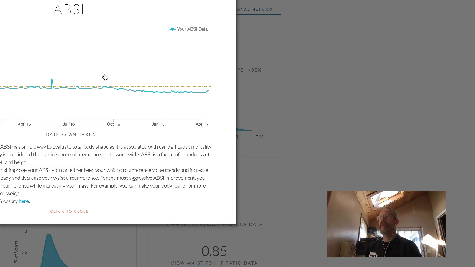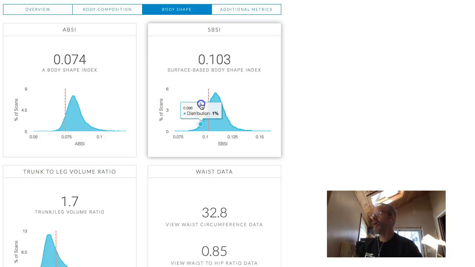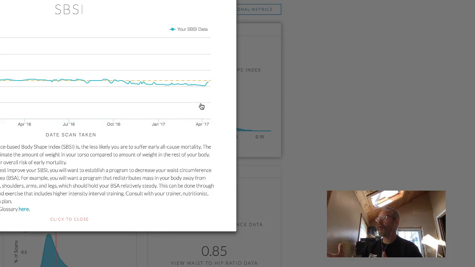Same thing with your waist to hip ratio, same thing just with simply your waist. So you can click through these and see how they go. It'll tell you, do I want this to be higher or do I want this to be lower? Surface body shape index, the lower that one is, the less likely you are to suffer early all-cause mortality.